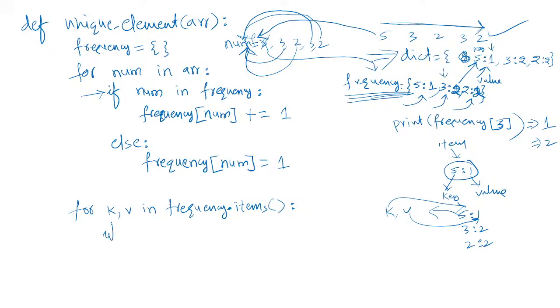Now you check here: if the v value is equal to 1, that is the unique element. So you can return the k value, that is the unique element we required. That's it. This is our function.